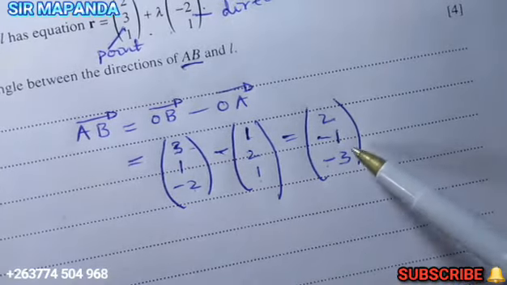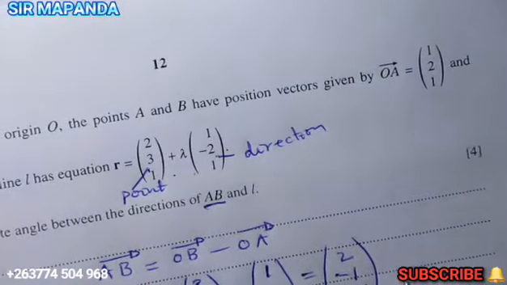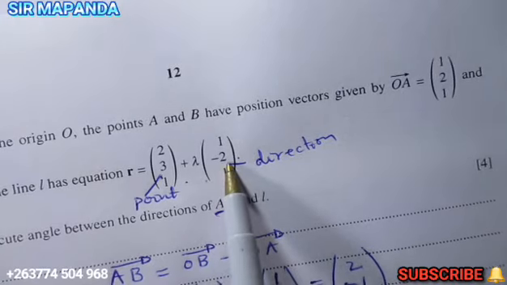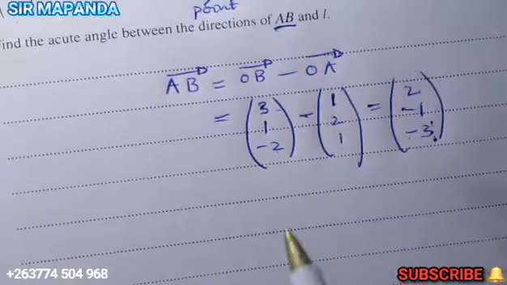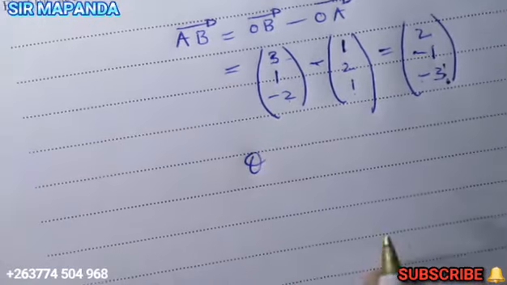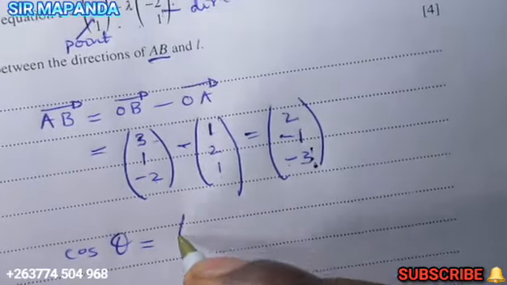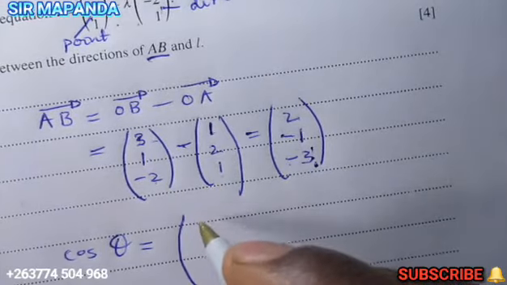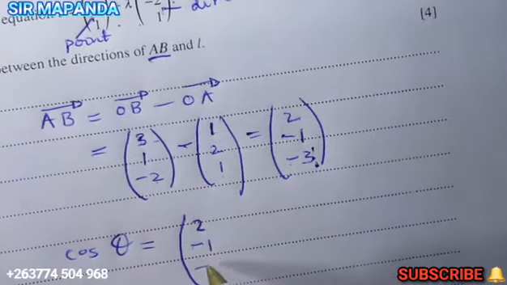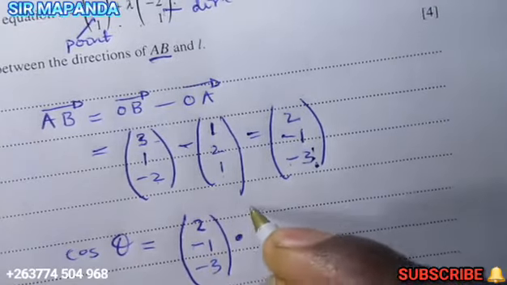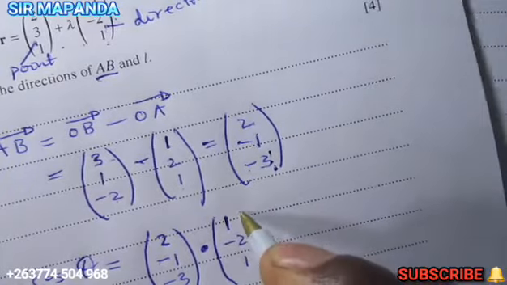So this direction AB, I'm going to make use of this direction AB together with the direction of the line to calculate the angle required, right? So let the angle be represented by theta, right? So you write cos theta is equals to dot product of AB, which is (2, -1, -3), with the direction of the line, which is (1, -2, 1).